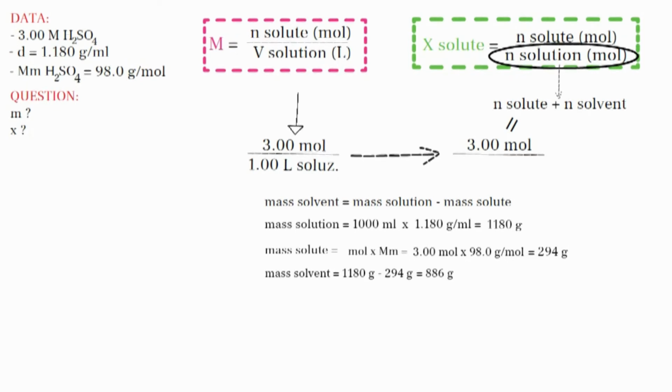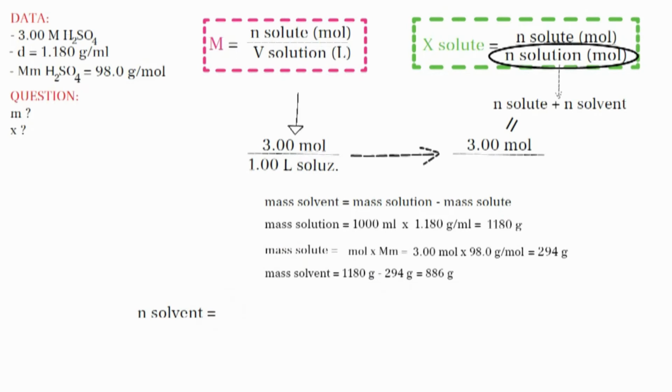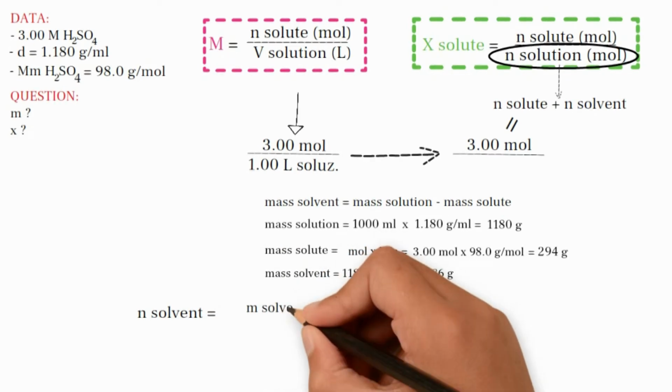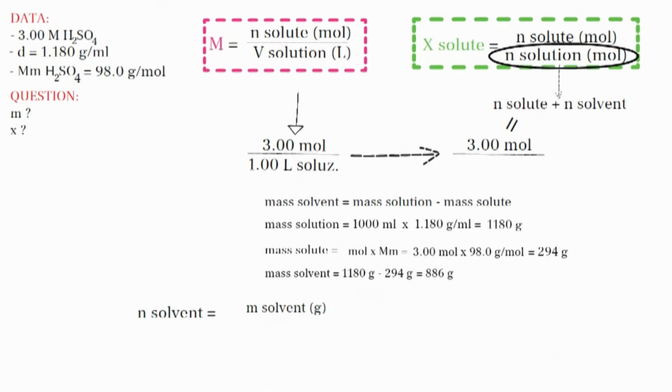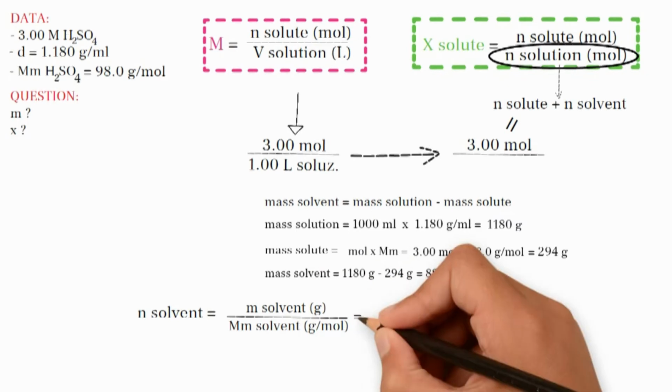We already know the mass of solvent, so now it's easy to go from mass of solvent to moles of solvent, just using the molar mass. The moles of solvent will be the mass of solvent divided by the molar mass of the solvent, which is water, so it's 18.